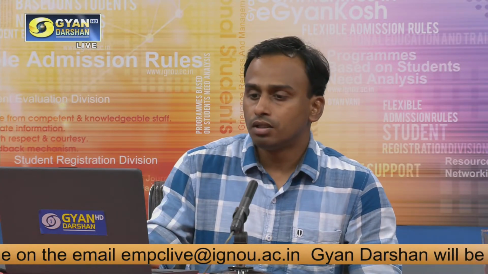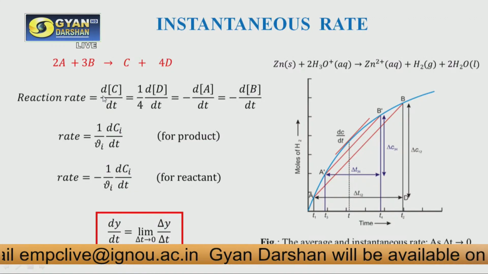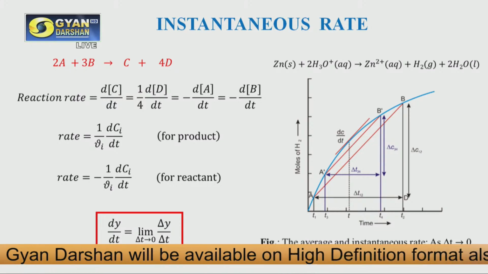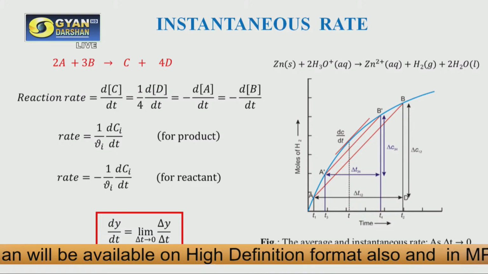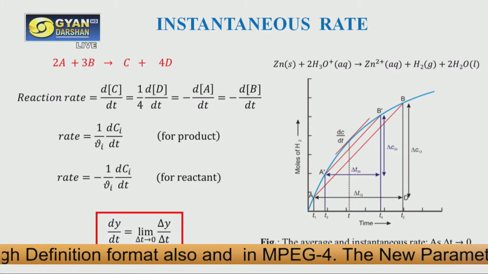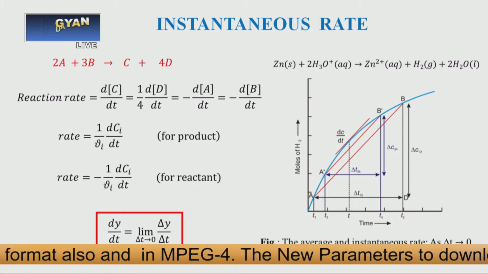Here the instantaneous rate is simply whatever we have seen in the average rate, but the delta term, meaning the difference term, is replaced by d. You have read the differentiation of any reaction. After that we will see how this d will become.